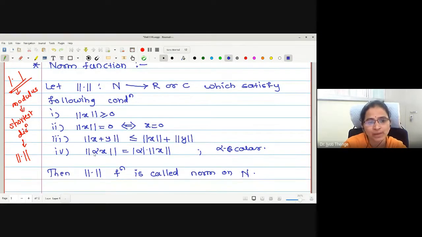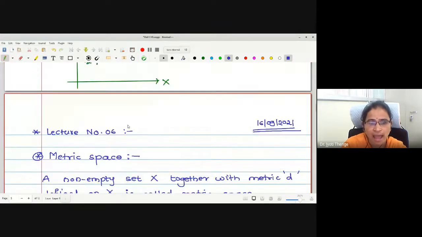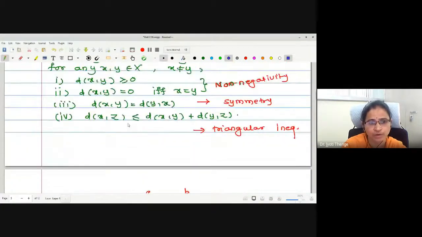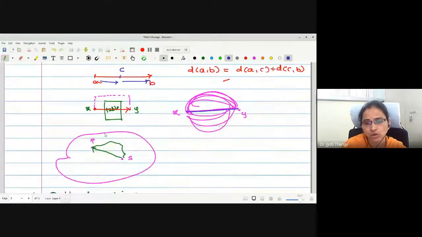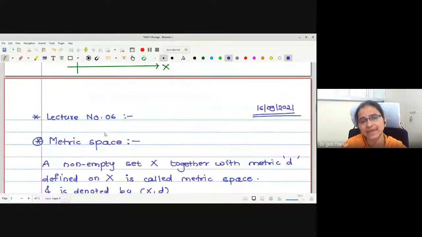Now we will go one by one understanding the interpretation of every condition. First thing, this norm function is not defined on the Cartesian product, as we have defined for a metric. A metric is a real valued function defined on X cross X, which means we were defining it on a 2-tuple of vectors, the distance between x and y.